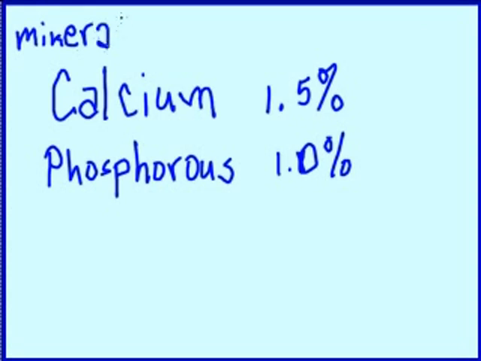And minerals are, how can I define them? Inorganic elements that plants extract from the soil. And we use these. That's how we eventually get calcium and phosphorus into our bodies. And so these are the 5th and the 6th most abundant elements in the human body: calcium and phosphorus.